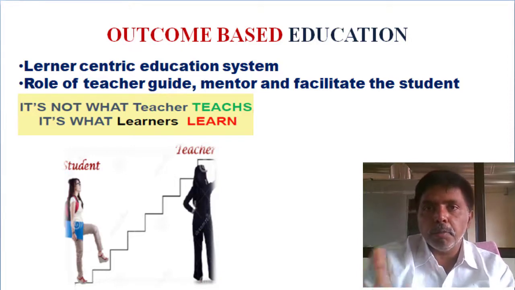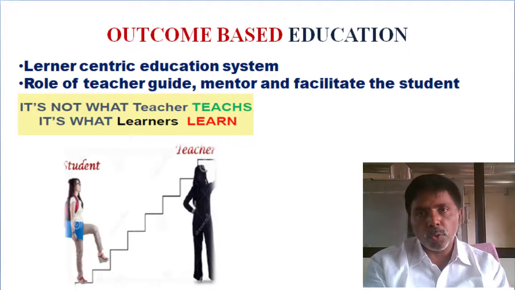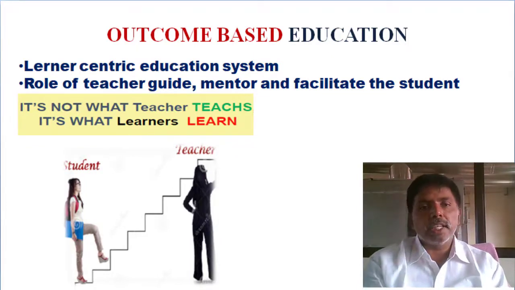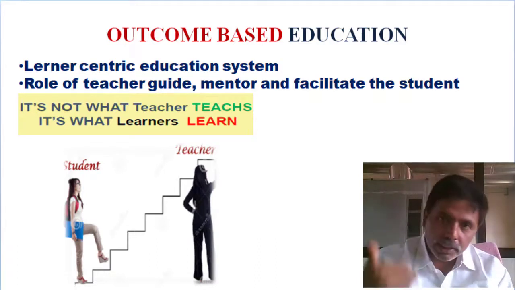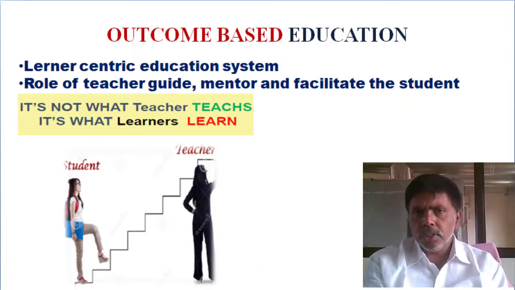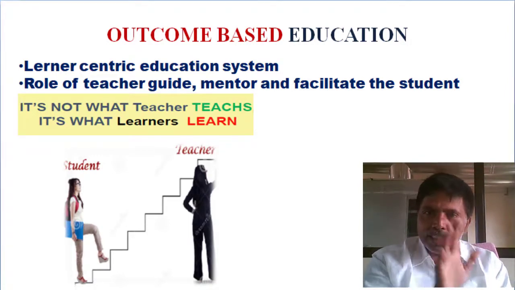So it is not only attaining marks. Marks are also required, quantity is also required, but with that, some skills are required. The skills are explained by the NBA committee. They mentioned 12 skills; we will discuss them. So outcome-based education is learner-centric education.